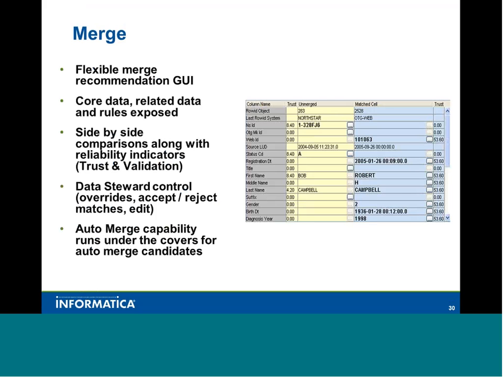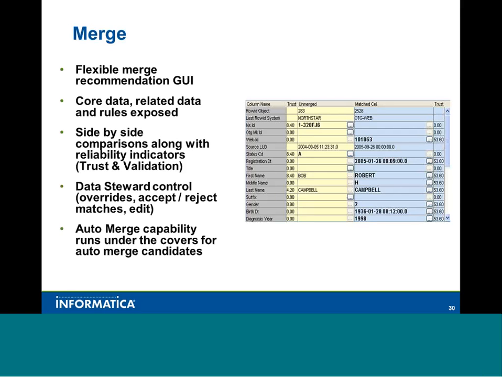And in this particular example, we've got two different records. One is with the row ID of 283, and the other one is with the row ID of 2528. As we can see, these records have different first names. The first name for the record on the left is Bob, and the first name for the record on the right is Robert.